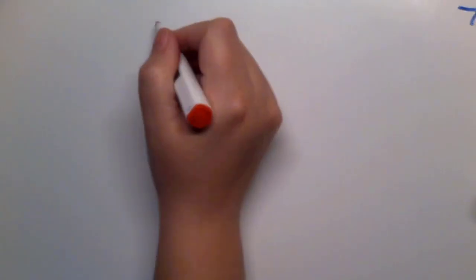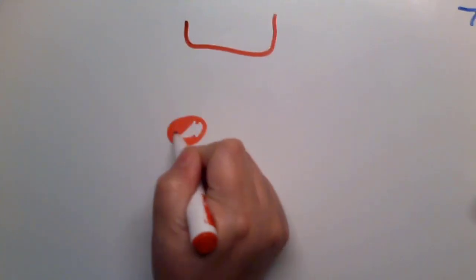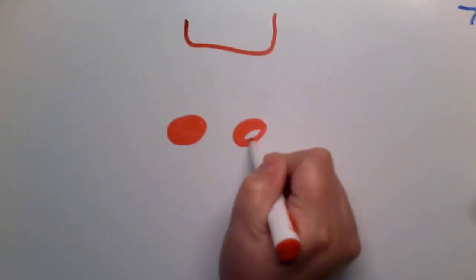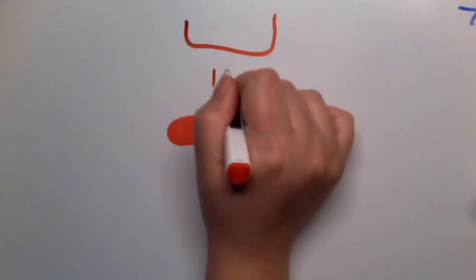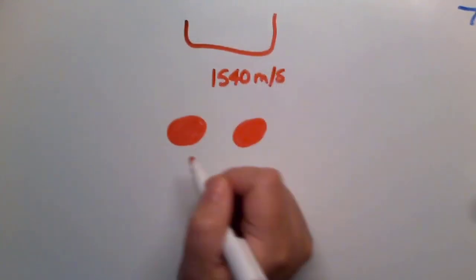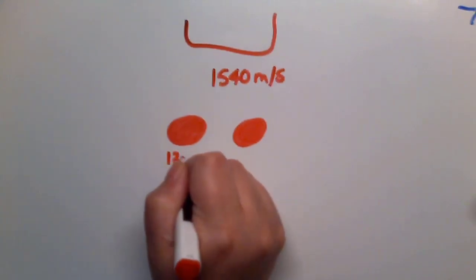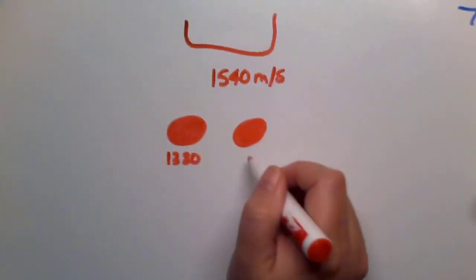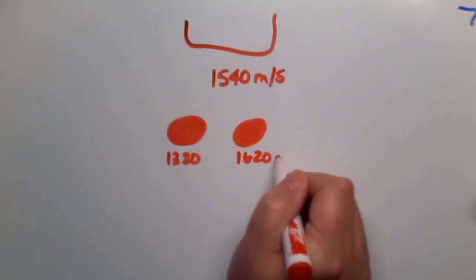So let's look at our example here again, just to reiterate. So here's our transducer. Let's say we have a structure here and a structure here. And let's say our average is 1540 meters per second. Let's say that this first structure here has a propagation speed of 1380, and we'll say that this other one has a propagation speed of 1620.